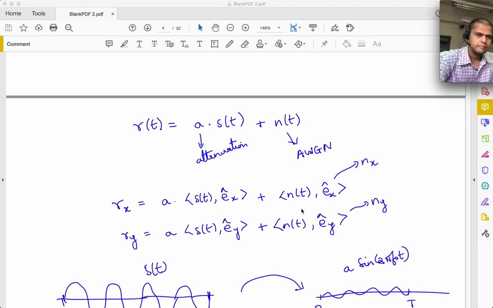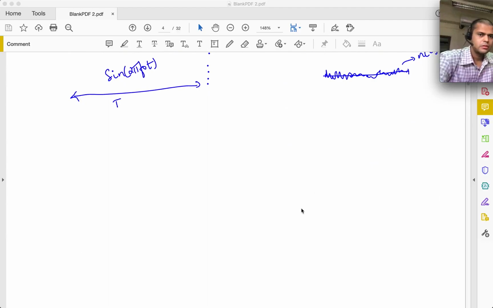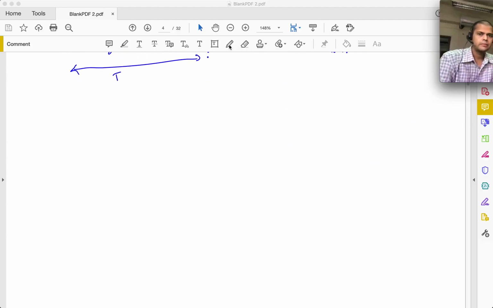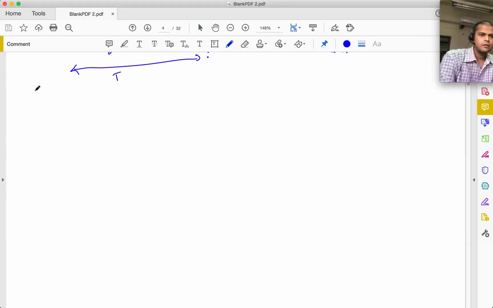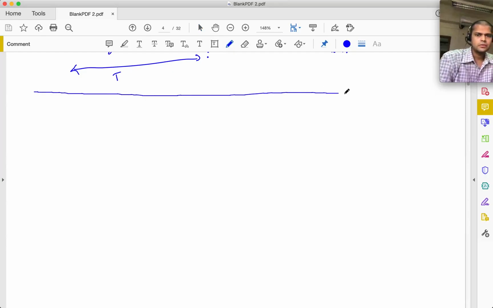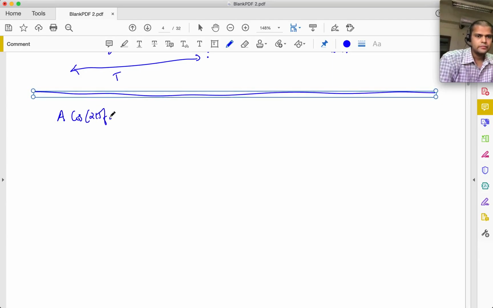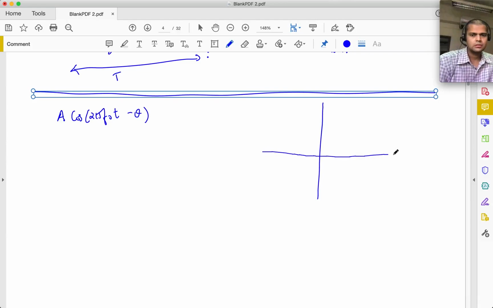Okay, so let's think about what happens when we look at these signals in the vector space. Let's go back up a little bit, and first look at the signal A cos(2 pi f0 t minus theta) and see where it lies in this vector space. So we have Ex, we have a unit vector here, and of course the unit vector here is Ey.